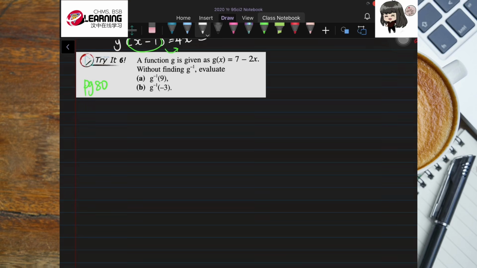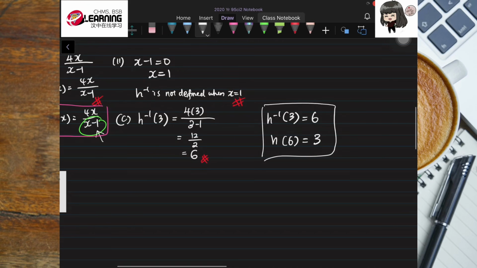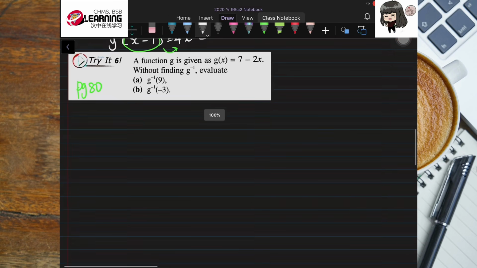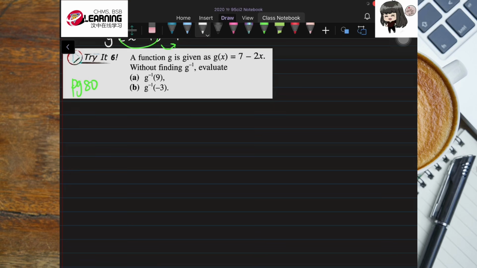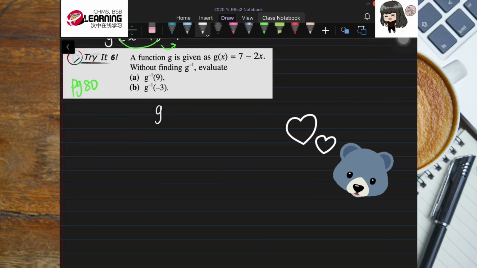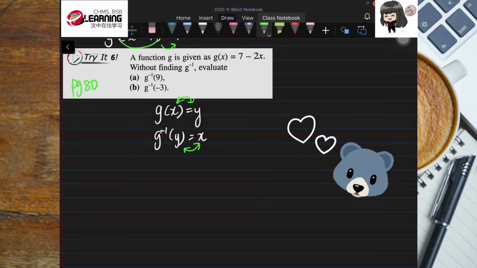The extra information that I gave you just now is useful here. You have to think in this way. If we have g of x and it gives you a y, your output is y. Your g inverse of y will become x. Your input becomes output, your output becomes input. So x and y are swapped.